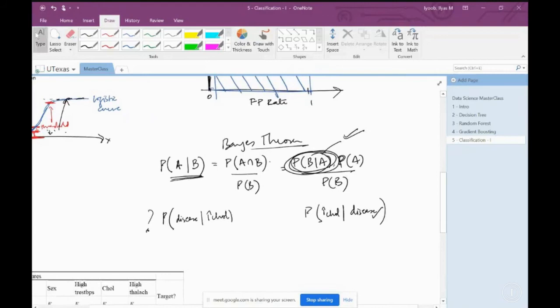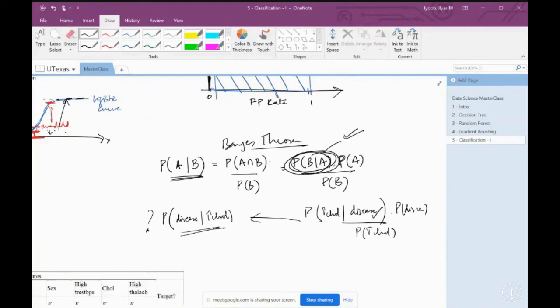Then I can multiply that with the probability of the people that had the disease, and divide that by the probability of people that have high cholesterol. That helps me calculate, if somebody has high cholesterol, what is the probability of them having the disease. This is the fundamental theory behind the naive Bayes theorem.